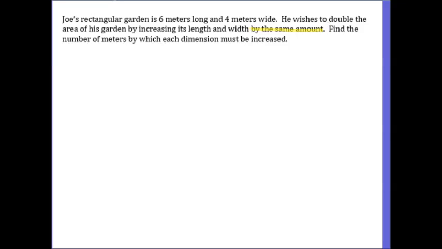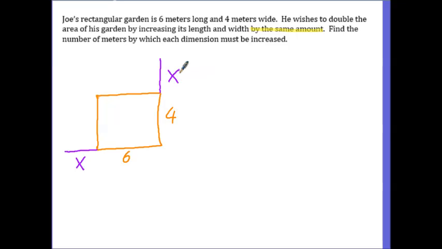And again, let's go ahead and draw a diagram here for us so we can visualize the problem a little better. We do have a garden, nice little garden there, which is 6 meters long and 4 meters wide. Joe wants to make it larger by increasing the length by an amount we don't know yet, and we always use a variable for that case, right?